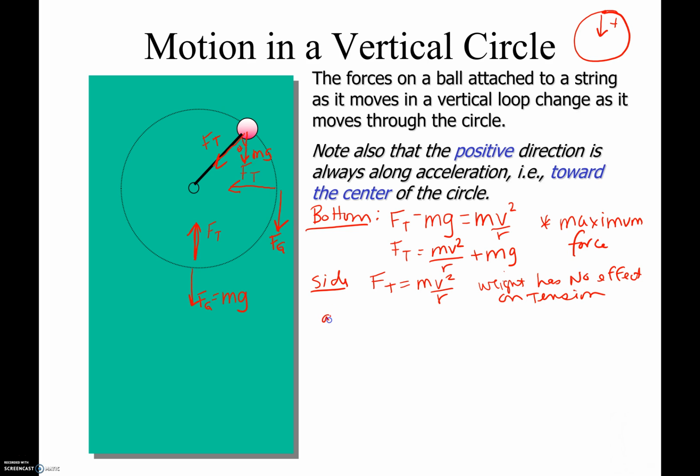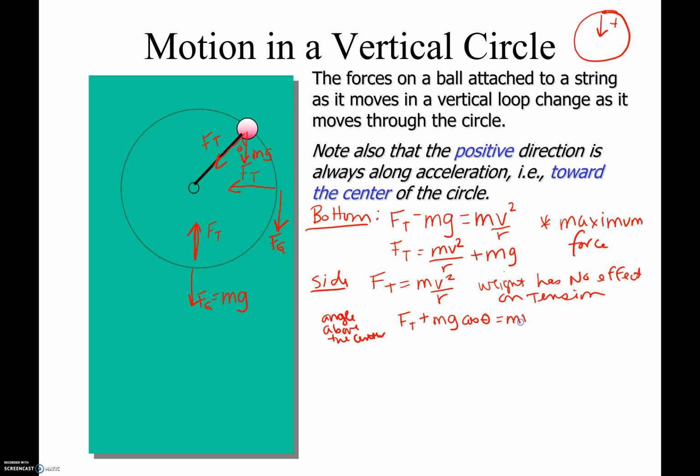So if I'm at an angle to the side, in this case, when I'm above the center of the circle, I have the force of tension plus, because remember, towards the center of the circle is positive, some mg, your weight times, if we were to make some sort of right triangle here, a cosine of the angle.